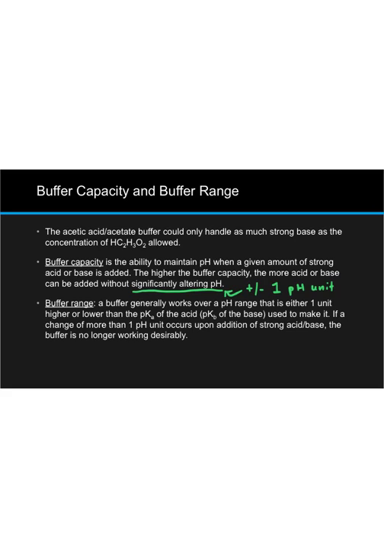When we create a buffer, we want to choose a conjugate acid component that has a pKa very close to the value of the pH that we want for our buffer solution. If, when we add some foreign source of acid or base, the pH of our buffer changes by more than 1 pH unit, either up or down, we say that the buffer is no longer working desirably. It's no longer an effective buffer.